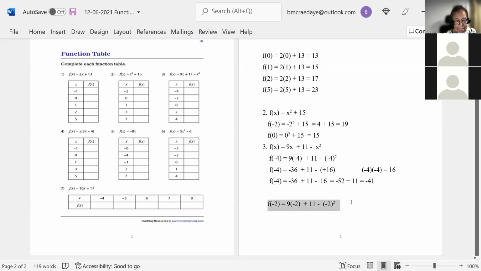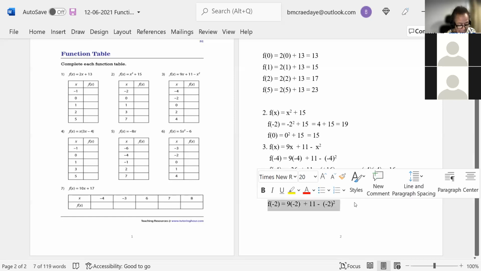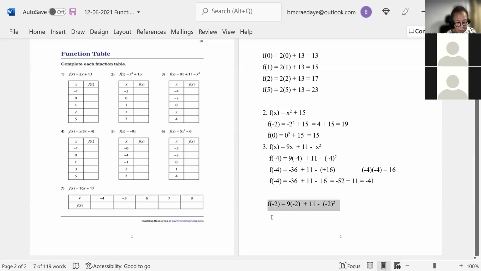What's 9 times a negative 2? Minus 18. That's right. Very good. Okay, so that's a minus 18. Plus that minus give you minus. So minus 18 plus 11. And now what's a minus 2 times a minus 2?